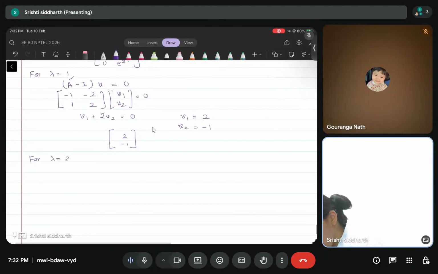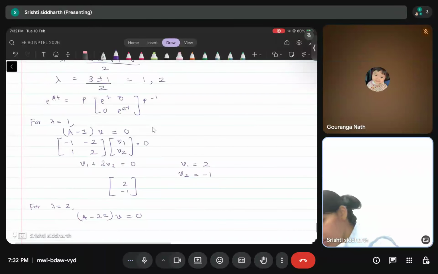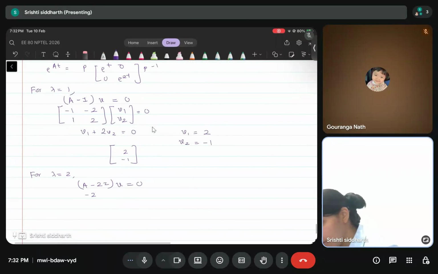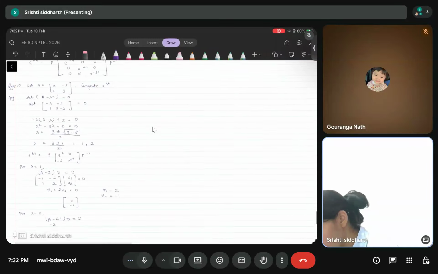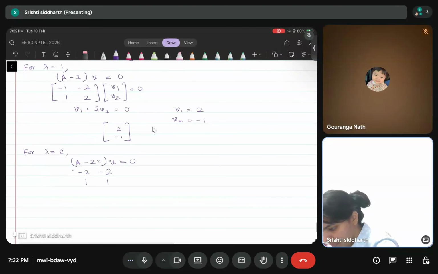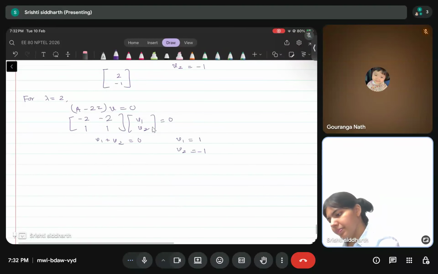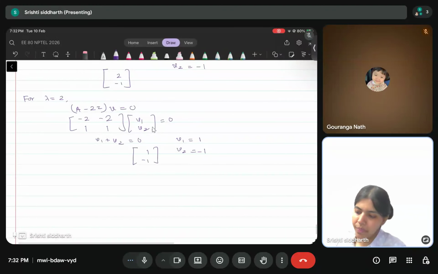For lambda equals 2, we have (A minus 2I) times V equals 0. This gives 2 V1 plus V2 equals 0. So if we choose V1 to be 1, we have V2 to be minus 2, so the eigenvector is 1, minus 2.